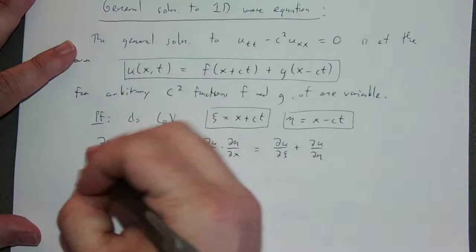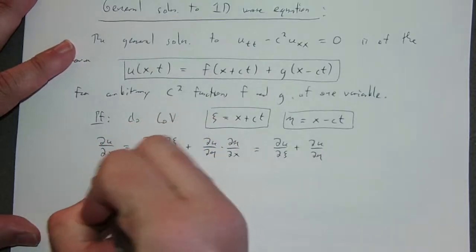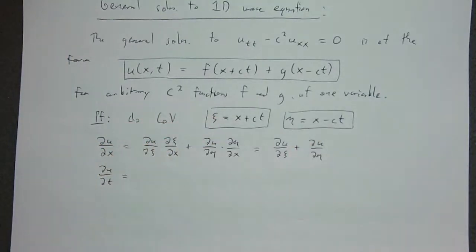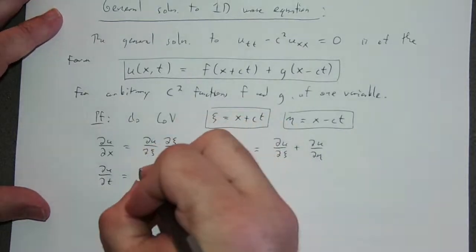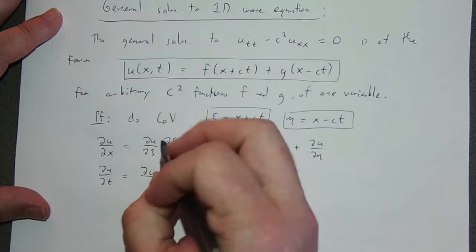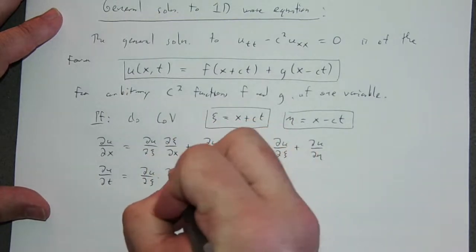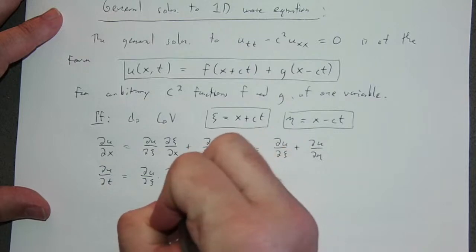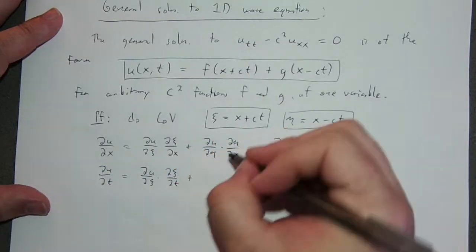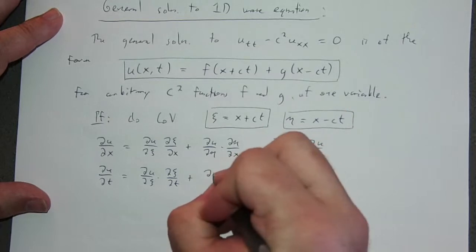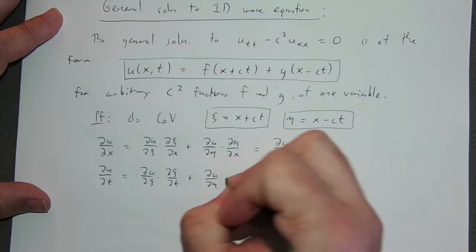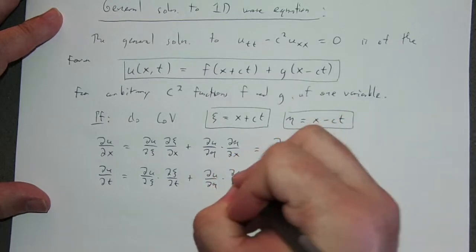And similarly, the partial of u with respect to t is the partial of u with respect to c times the partial of c with respect to t, plus the partial of u with respect to eta times the partial of eta with respect to t.